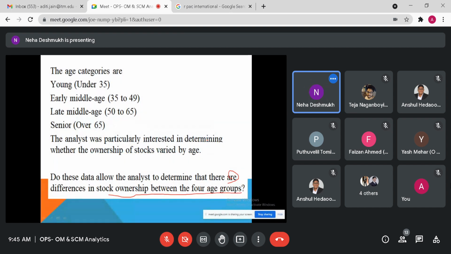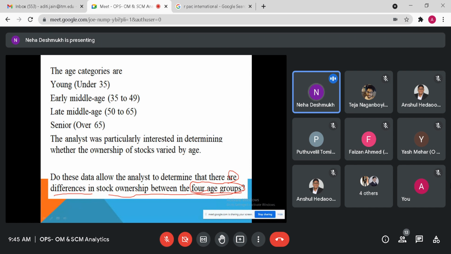This is the hypothesis which we can test by the ANOVA. Agree or not? Yes, ma'am. I repeat, do these data allow the analyst to determine that there are differences in stock ownership between four age groups?